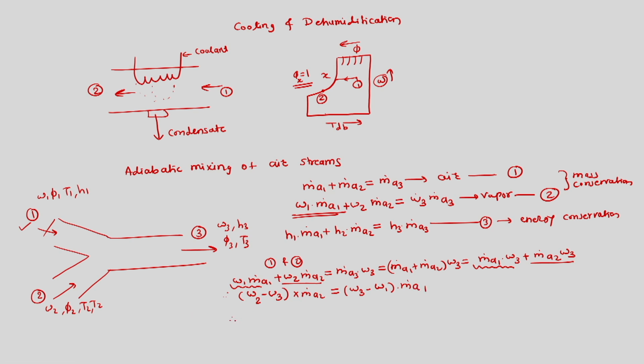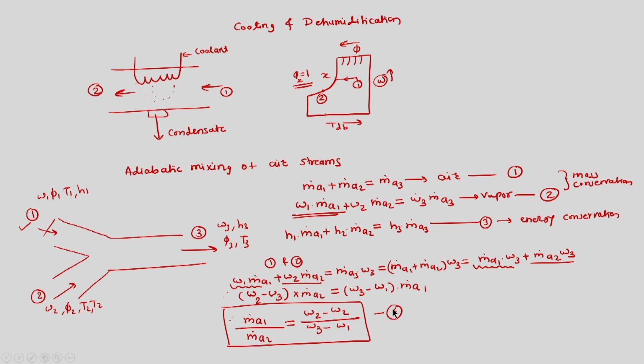So we can write down m dot A1 upon m dot A2 is equal to omega 2 minus omega 3 divided by omega 3 minus omega 1.